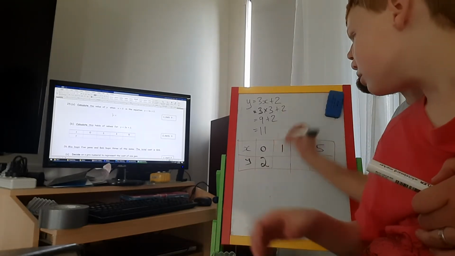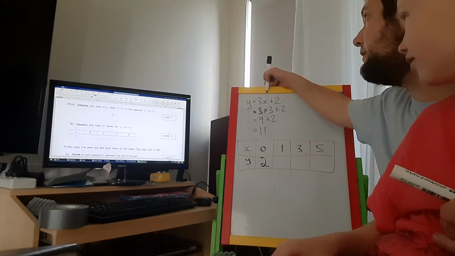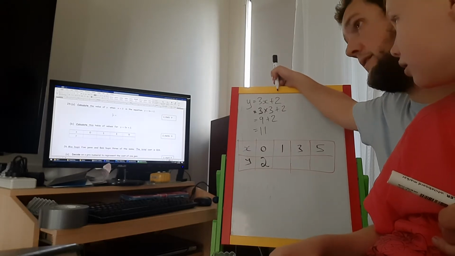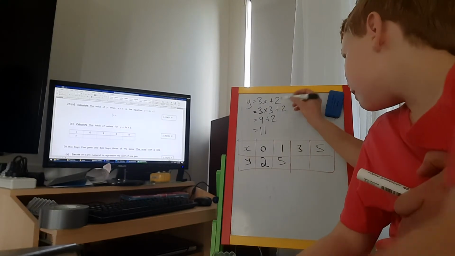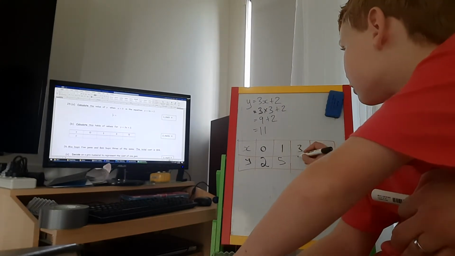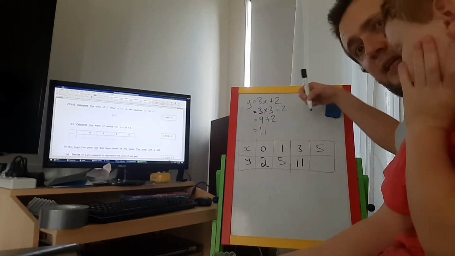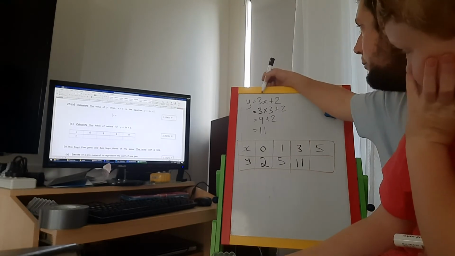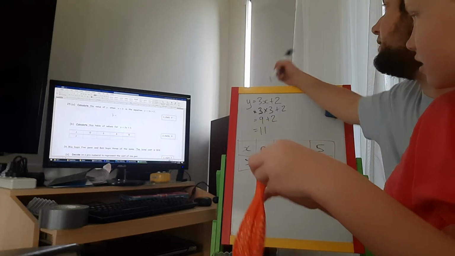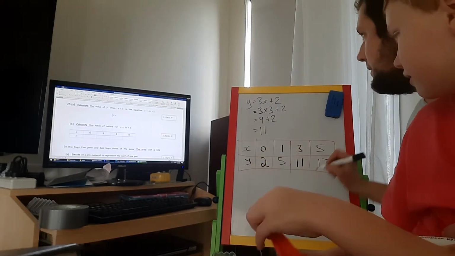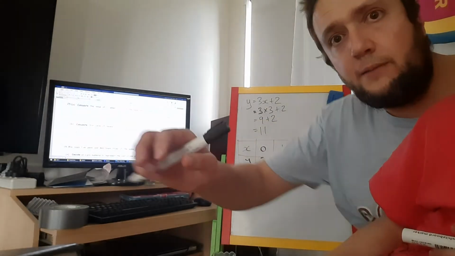Yep. When x is 1, we'd get 3 times 1 plus 2. 5. We get 5. 3 we've already done, so I'm just going to put the value we had above. And the last one says if x is 5, what would I get? That would be 15 plus 2, which will be 17. And there we go. We've completed the table.